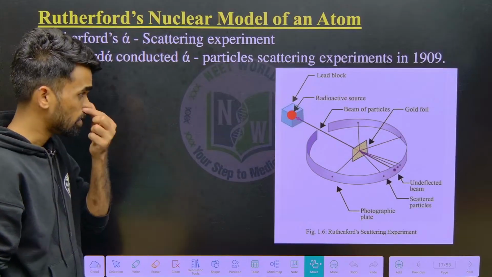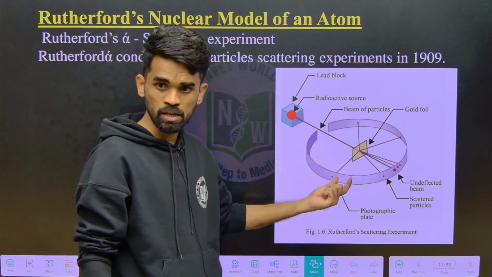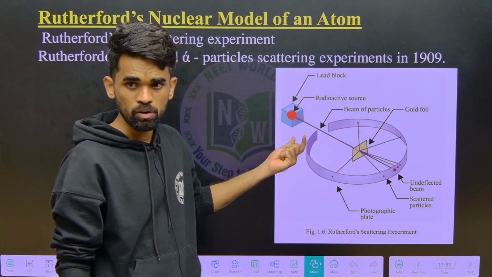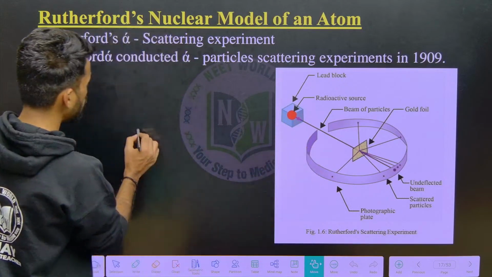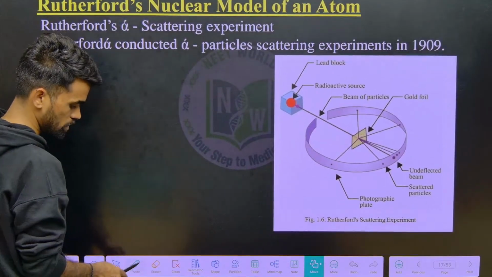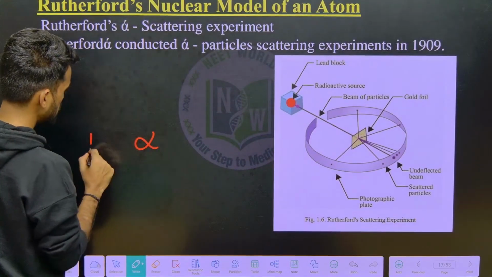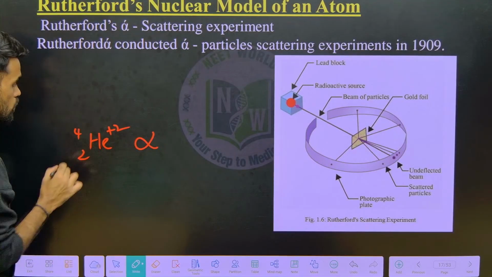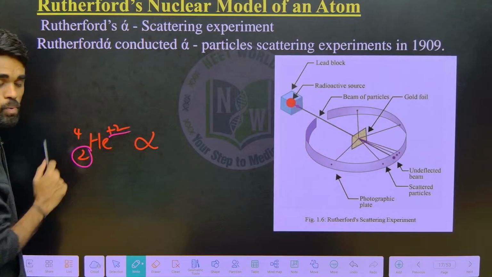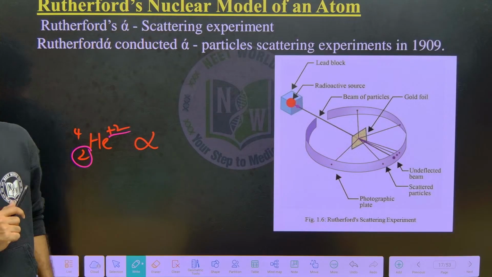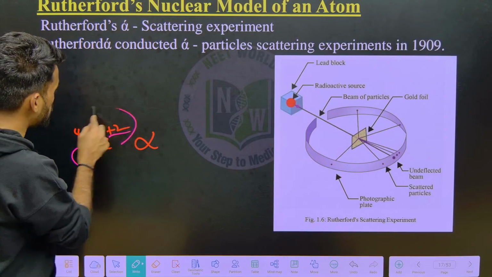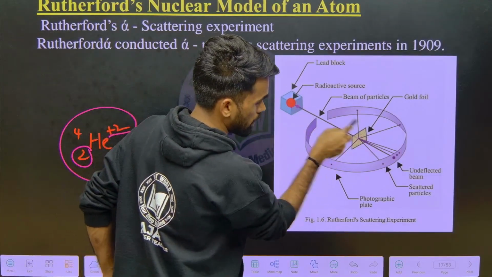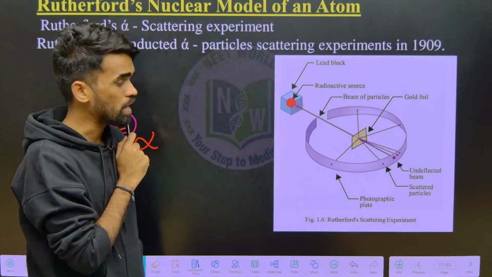He took a gold foil and used an alpha radioactive source which gives alpha particles. So for the alpha particle, what is the charge we have seen? It is a helium nucleus, meaning it has a positive charge, like 2 4. It has 2 protons in it, so a positive plus 2 charge. When these positively charged species come from the source and pass through this gold foil, what did he observe?